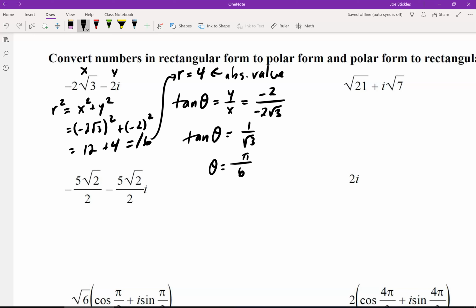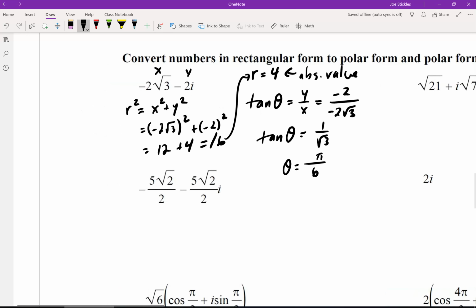However, remember when we were doing conversions for polar coordinates, we have to go back and check where this would be if we think about plotting it. Okay? Well, if I plot this complex number where this is the real axis, so I'm using that funky looking R for the reals, and this is the imaginary axis, denoting it with an I, then I would go negative 2 root 3 and negative 2. I would be down here. This is quadrant 3, right? So I don't want pi over 6. I want the pi over 6 angle that's over in quadrant 3, and that's 7 pi over 6.